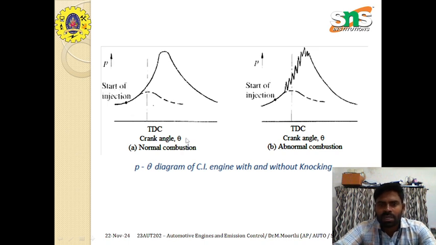This is the normal combustion. For the abnormal combustion, there is a deviation in the pressure rise. It is uneven while the fuel is burned, and after that it goes down. So this is the difference in the pressure-crank angle diagram for the normal and abnormal combustion processes.